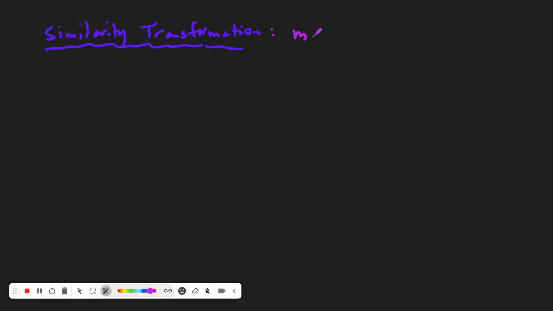A similarity transformation maps one figure onto another using one rigid motion.